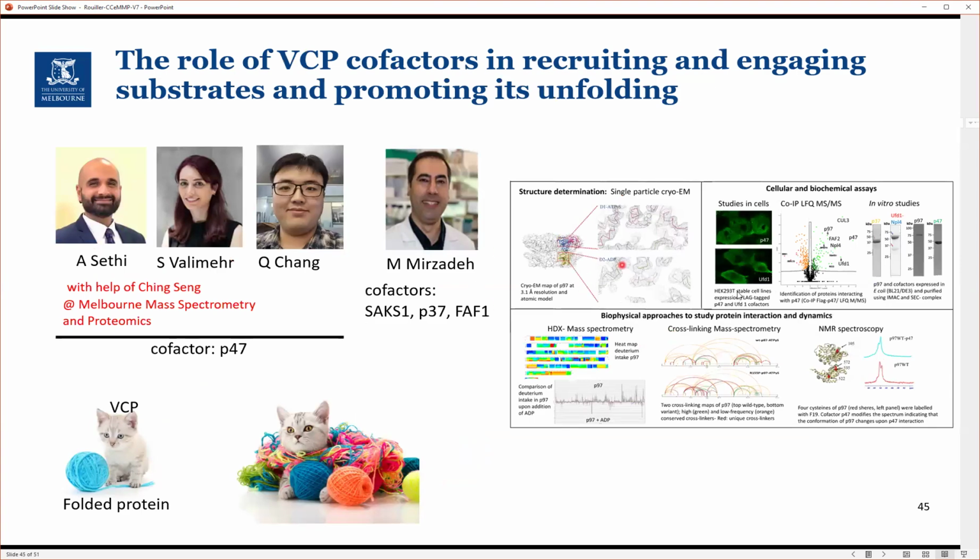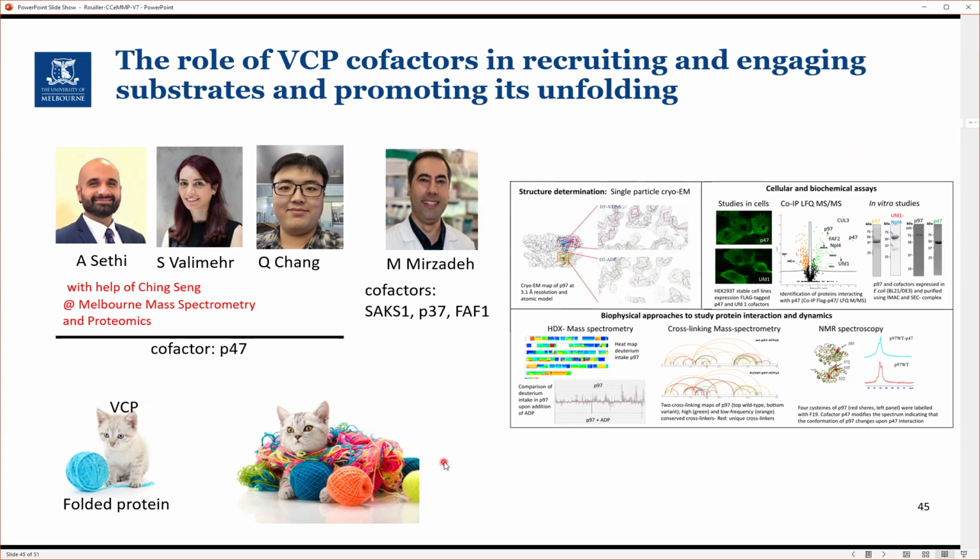Several people in my lab have started work on understanding how cofactors recruit and engage substrate and promote its unfolding. We are using combined structural methods, including single particle cryo-EM, cellular and biochemical assays, cross-linking mass spectrometry, HDX-MS, and NMR spectroscopy.